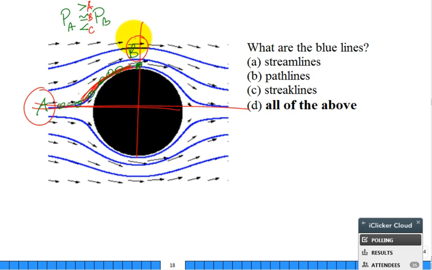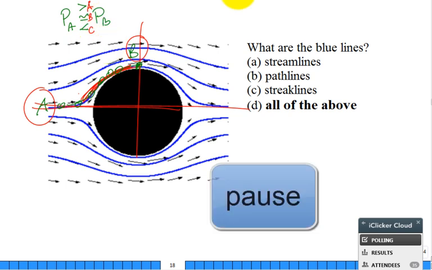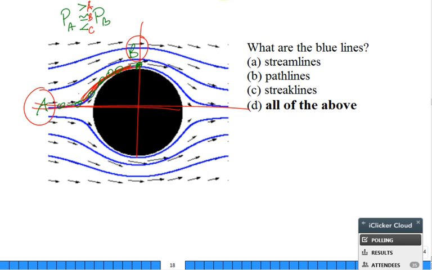Before the cylinder and then at the top of the cylinder. Is the pressure at A greater? Answer A. If the pressure at A is the same, answer B. And if pressure at A is less than the pressure at B, answer C.